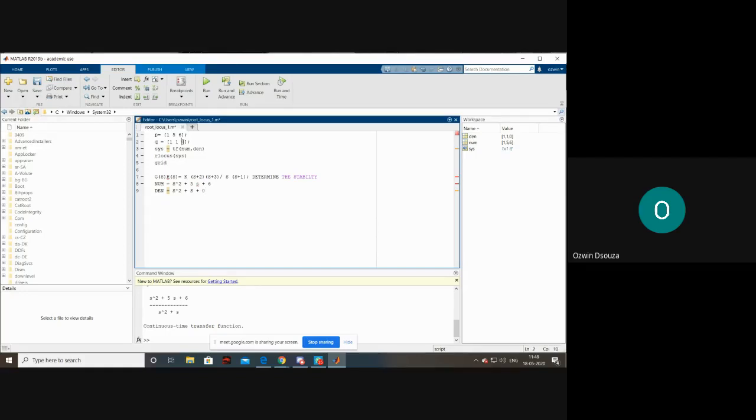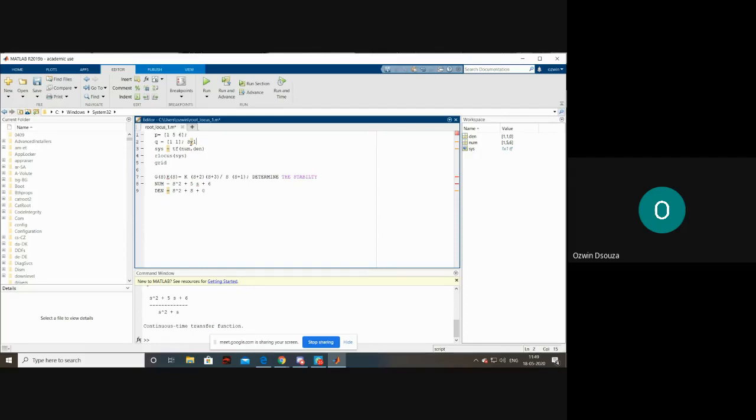If you don't put it as 0, let's say you just substitute the coefficient of s square and then the coefficient of s, Matlab will assume it as something like s plus 1, because Matlab doesn't know whether a coefficient is missing or not.